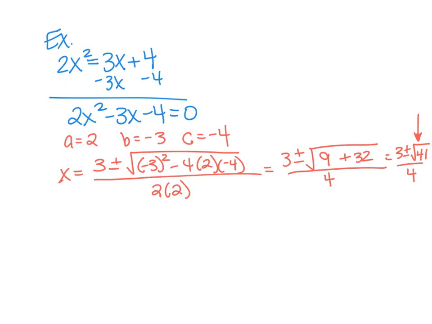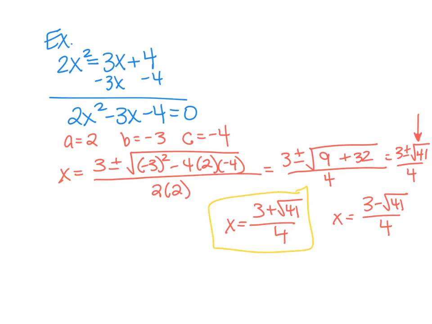Like the last one, I was able to reduce and take my 7 and add the 5 and divide by 6. Take the 7, subtract 5 and divide by 6. But now what I'm going to do is I'm just going to write it as 3 plus the square root of 41 divided by 4. And 3 minus the square root of 41 divided by 4. Because that 41 can't be simplified, that's the best that I can do.